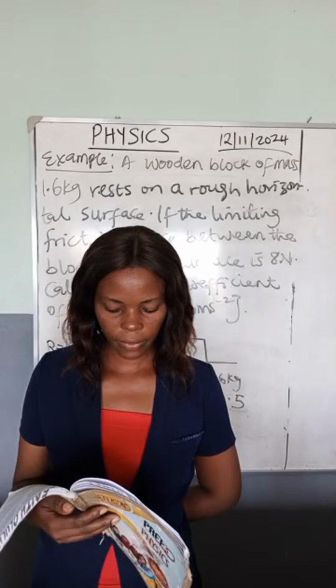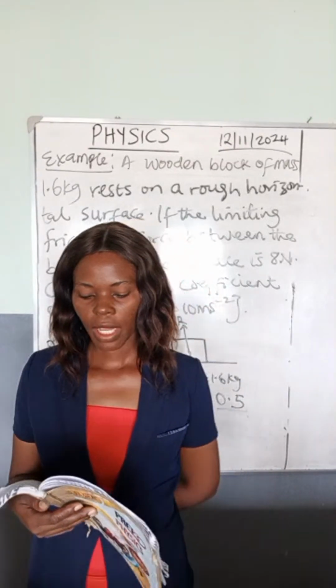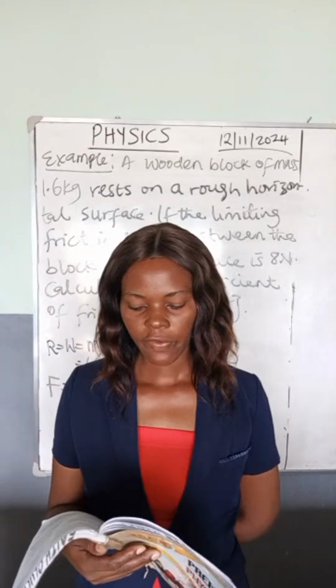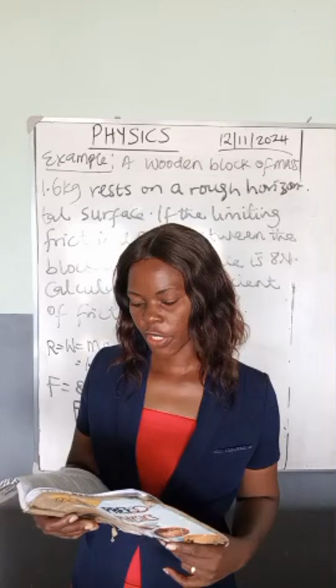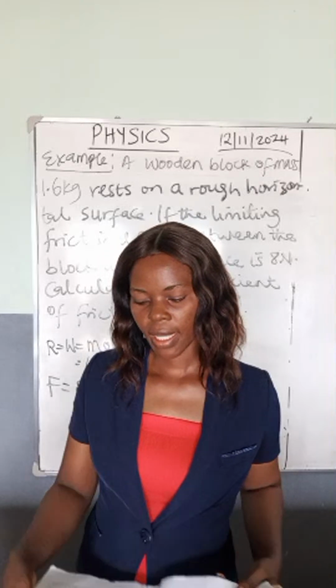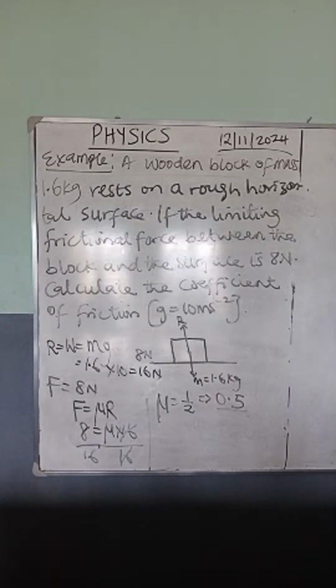Full stop. Calculate the coefficient of friction between the block and the table.